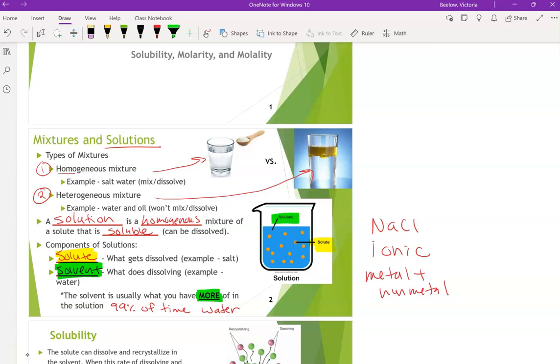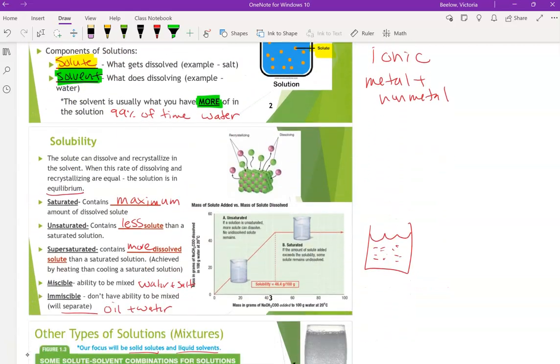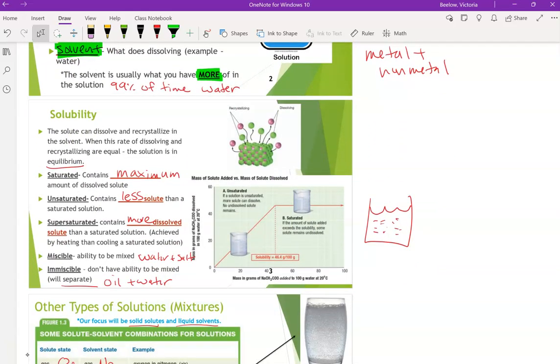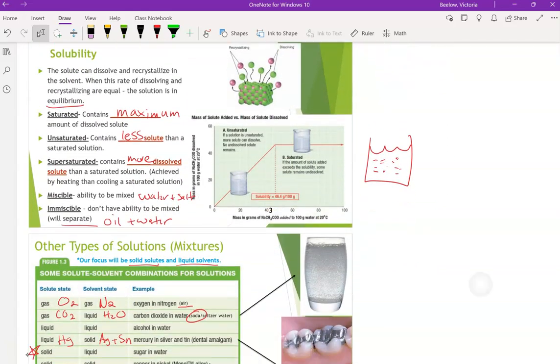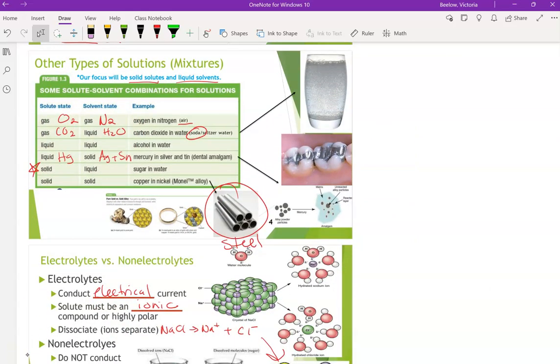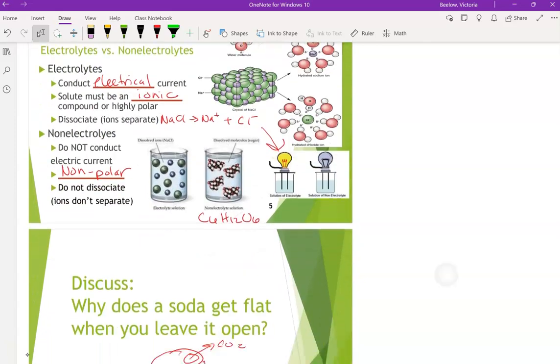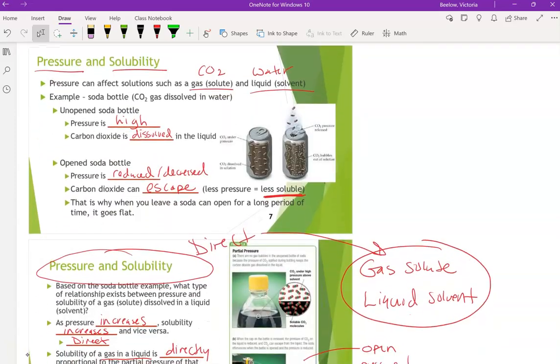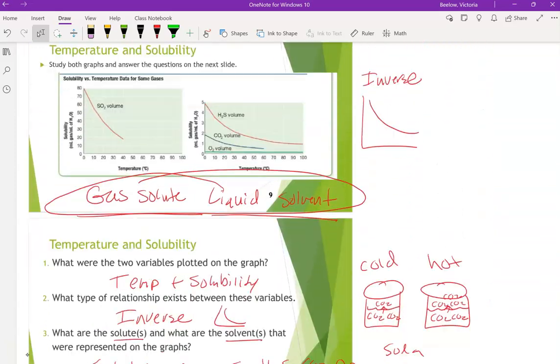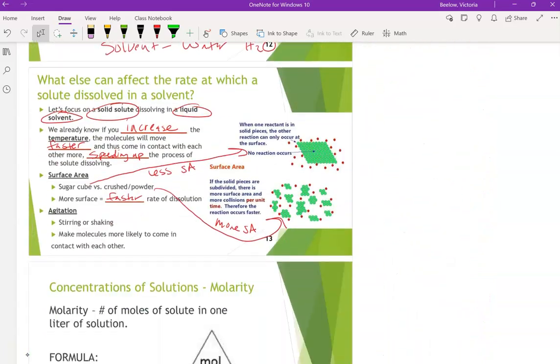And then there will be something dissolved in it, like an ionic compound, like salt, or maybe even something else like sugar. We talked about saturated, unsaturated, supersaturated, what that means. All the different examples of types of homogeneous mixtures or solutions. Electrolytes versus non-electrolytes. And then we looked at some different relationships for solubility.